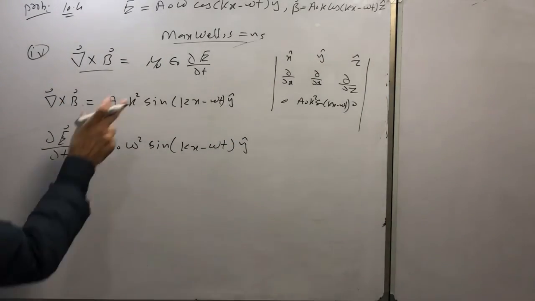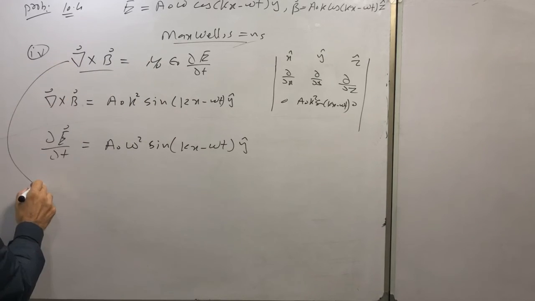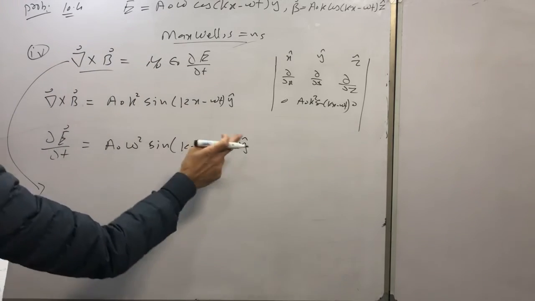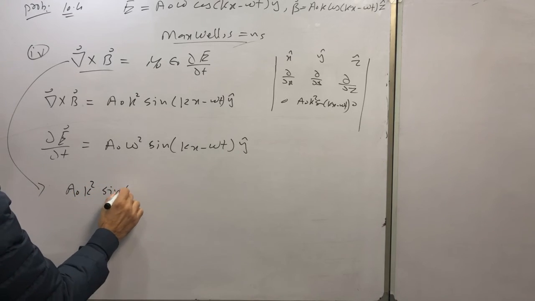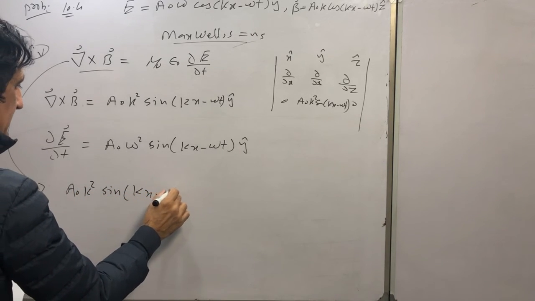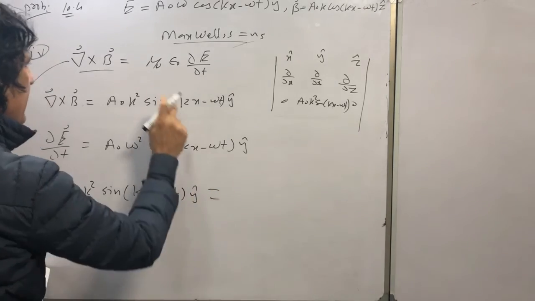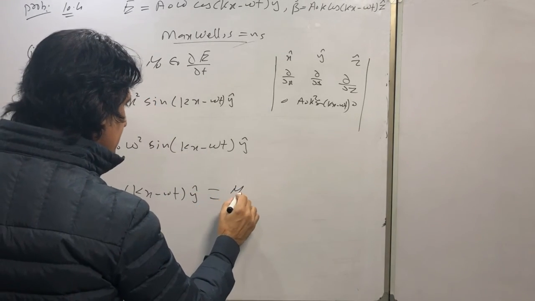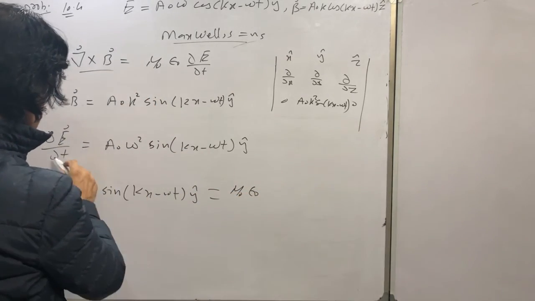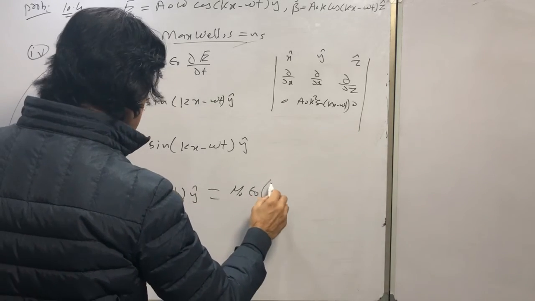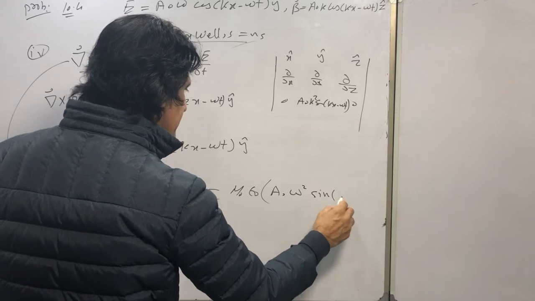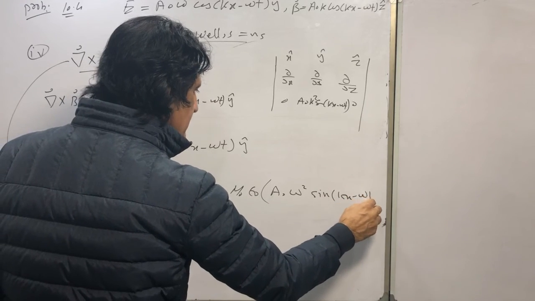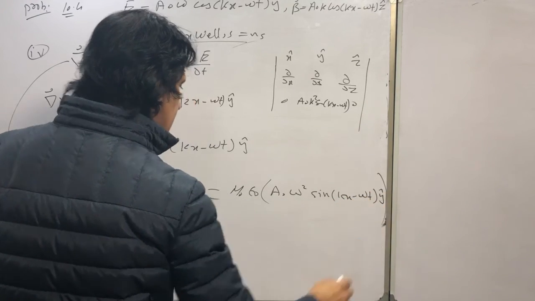Now putting these values in this equation, del cross B, we have a naught k square sine of kx minus omega t in y, and the right hand side mu naught epsilon naught, and partial E divided by partial t, a naught omega square sine of kx minus omega t in the y direction.